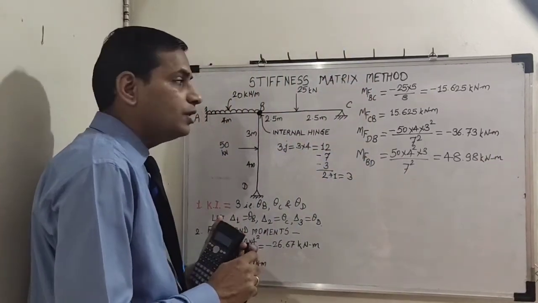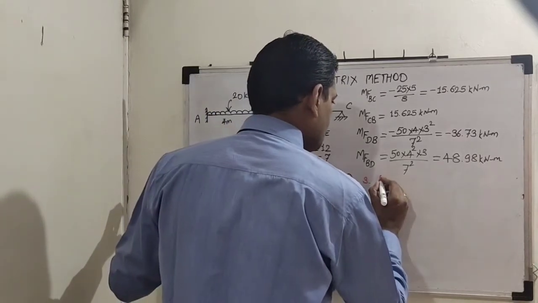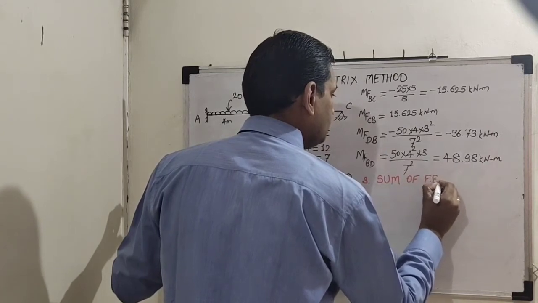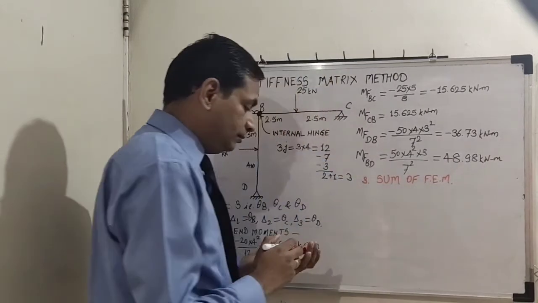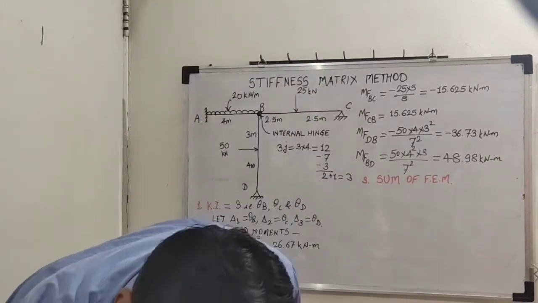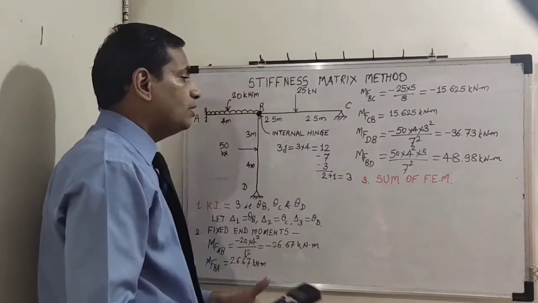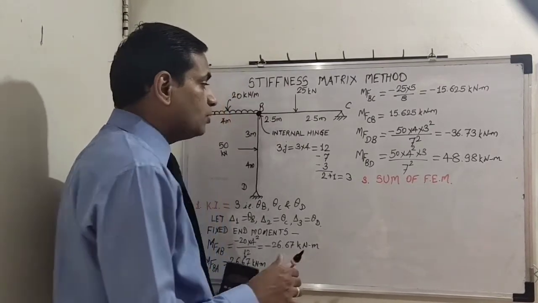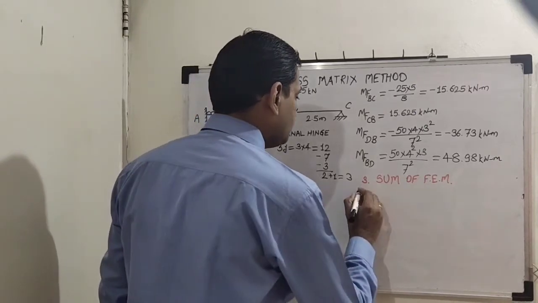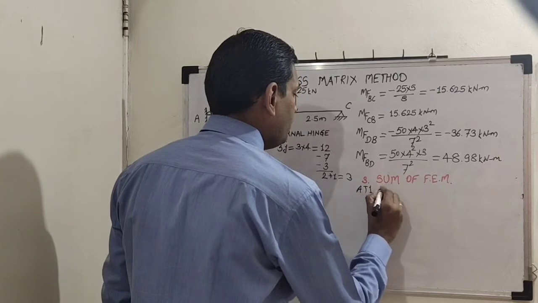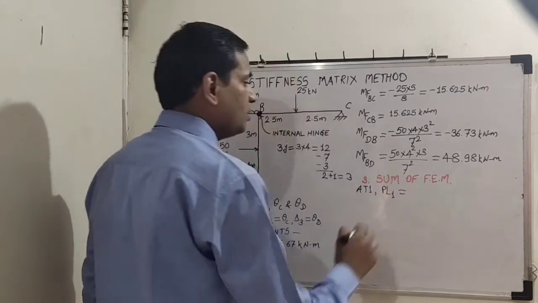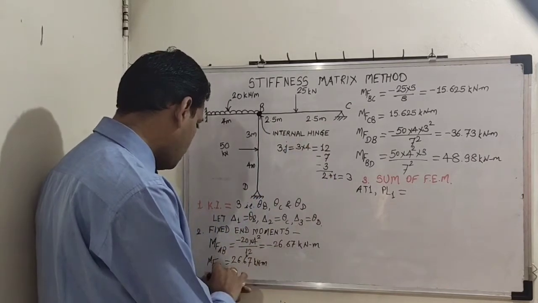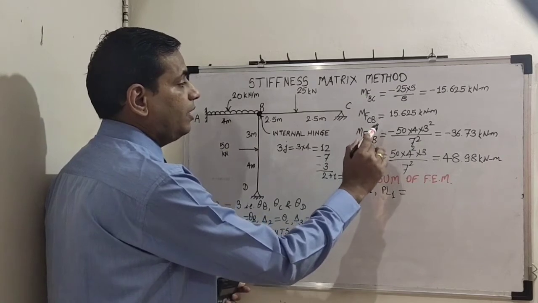Now step number 3, which is the summation of fixed end moments. These will be nothing but PL values one by one. At 1 we have PL1. What is PL1? Sum of fixed end moments on joint B. At joint B we have 3 fixed end moment values, BA, BC and BD.